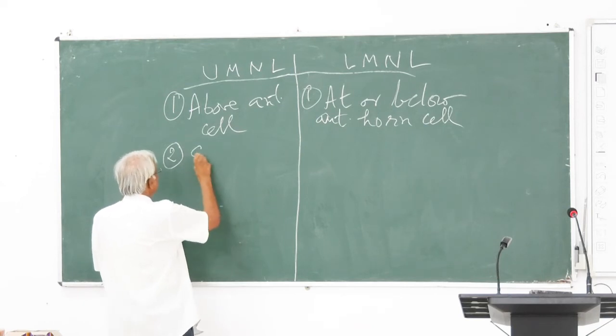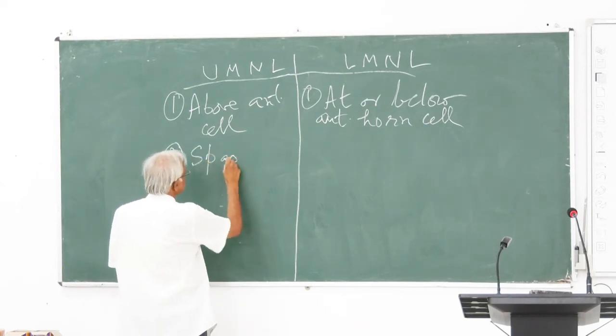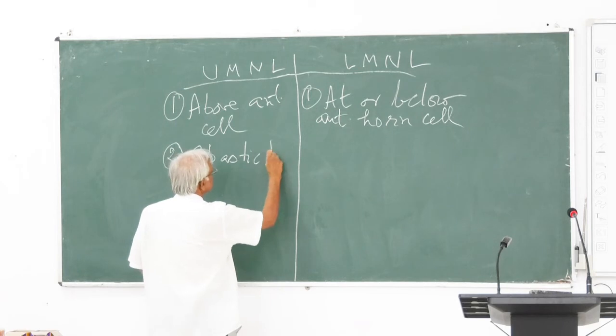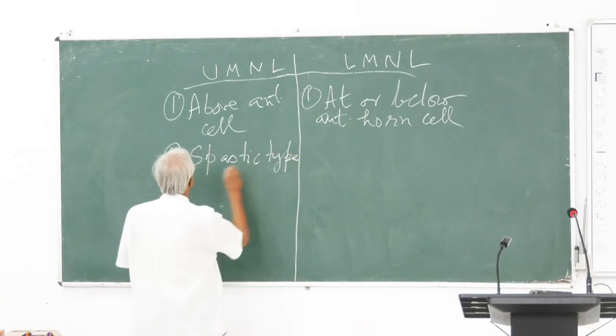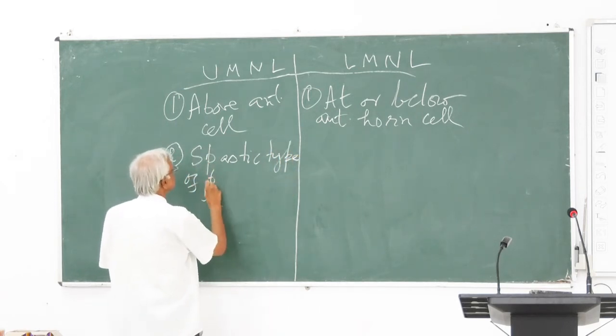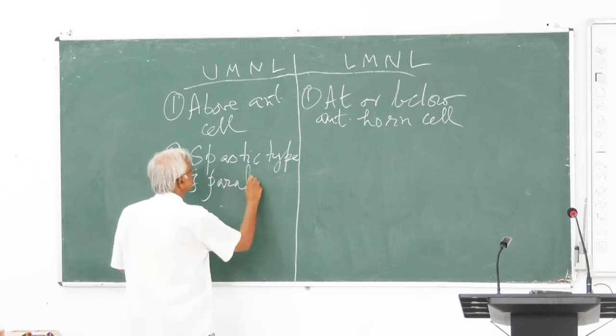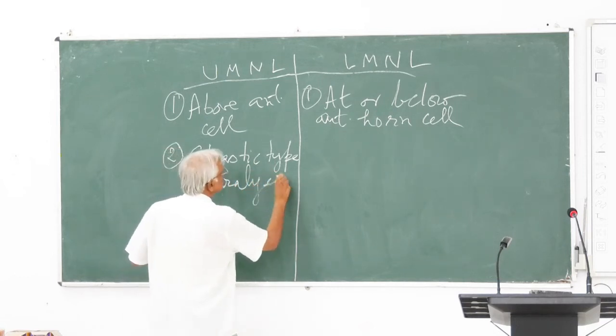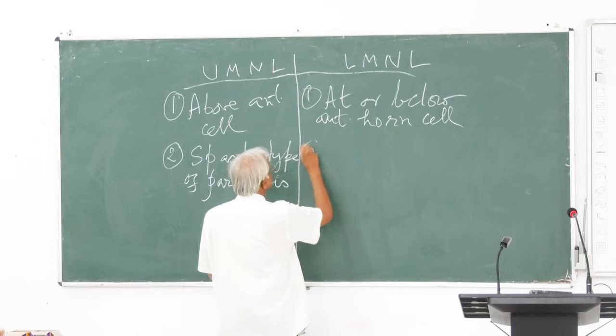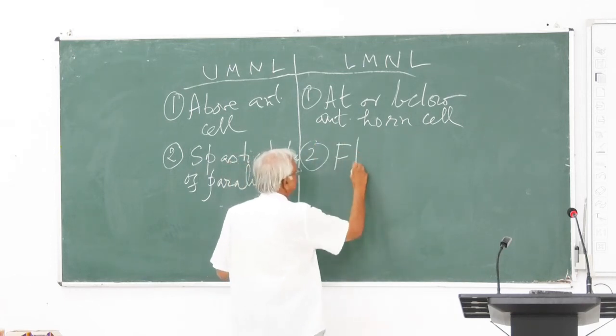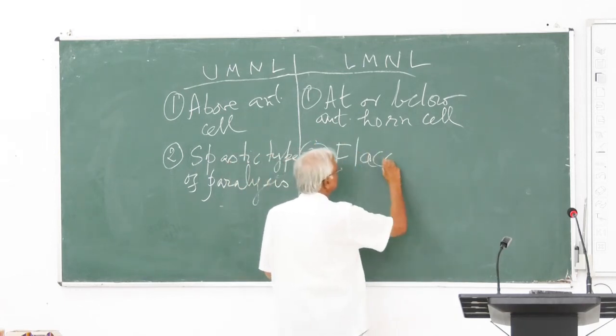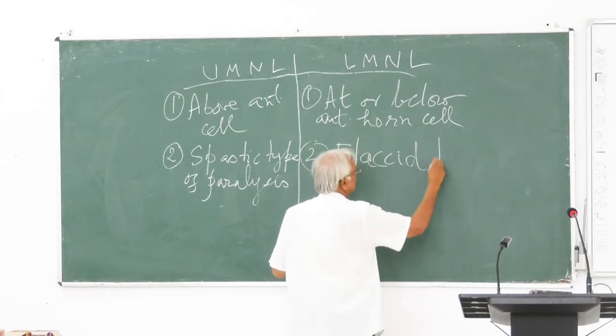In upper motor neuron lesion, there is paralysis, spastic type of paralysis. This is called, in lower motor neuron lesion, flaccid type of paralysis.